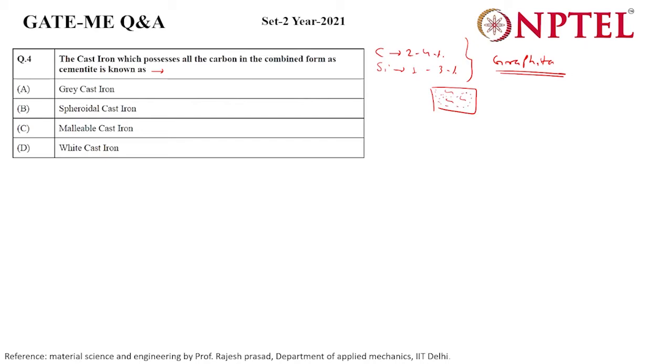As we know in a composite, there is matrix and reinforcement. So these flakes work as a reinforcement, and this matrix is of alpha ferrite. So in gray cast iron, carbon exists in the form of graphite.